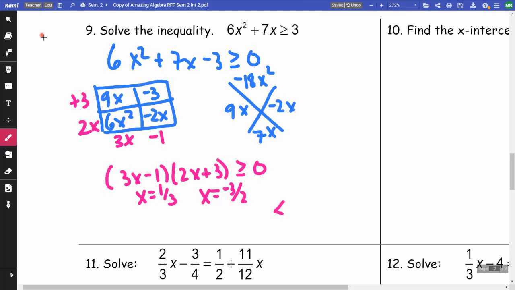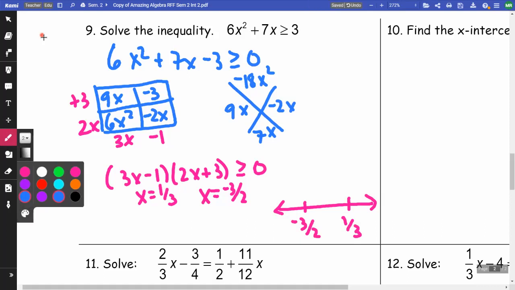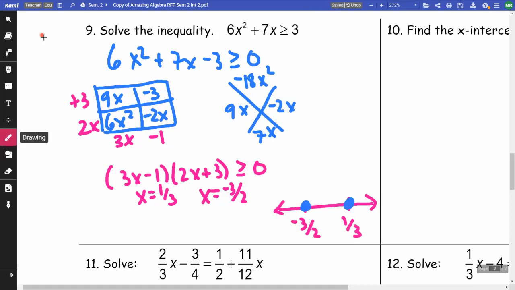The way I like to think about this is, let me put on my negative 3/2 and my 1/3. These are where it equals 0. So these are going to be solid because that makes it equal. And then we need to decide if we're going to shade in between or outside. The way I like to think about this is a positive parabola. And I basically want to know, where is it greater than or equal to 0? Basically, where's it above the x-axis?